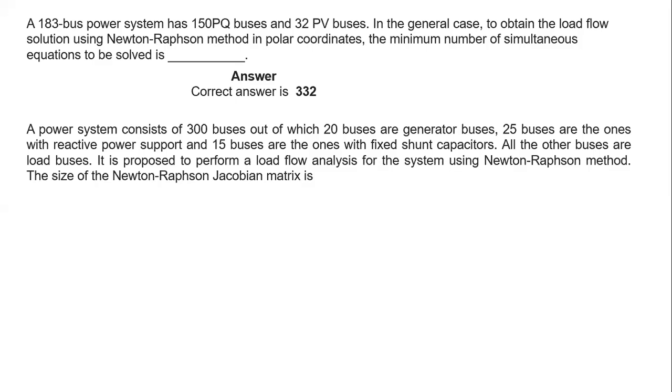Sushumna, are you there in today's class? Lokesh, again you have changed the answer. Think of it. I have given this hint. So 15 buses with fixed shunt capacitor means PQ buses. 20 buses are generator buses. 25 buses with reactive power support means these 25 buses are your PV buses. Mahanta Swami has given the order.